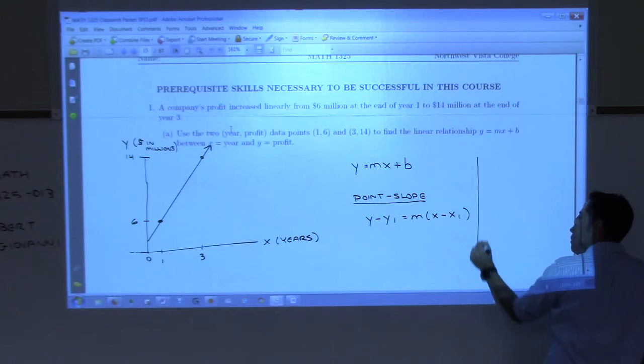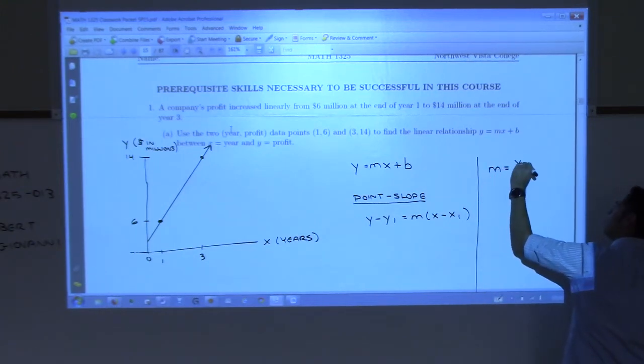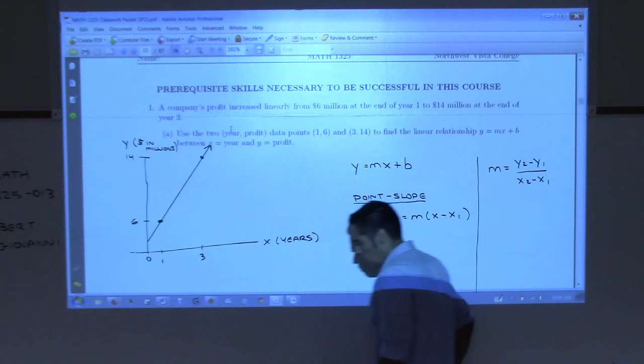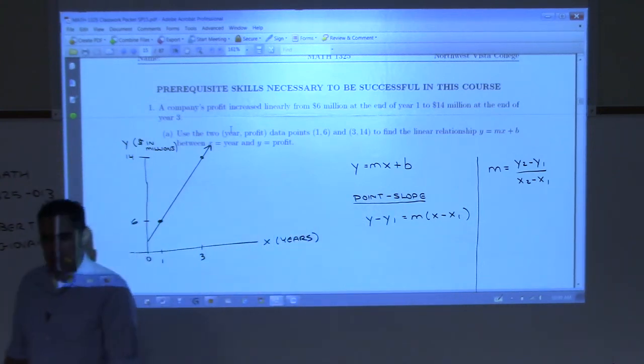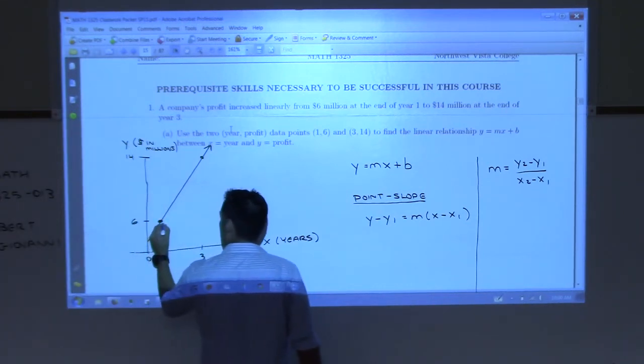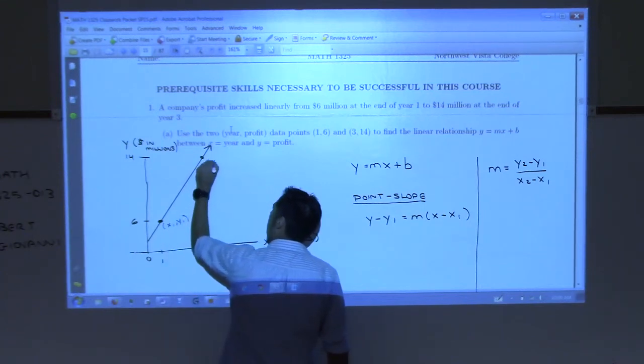That's a different formula. To find the slope of a line, we use the formula y2 minus y1 over x2 minus x1. That is rise over run. And so I think it would be worth it for us to label our points. How about we label this point right here x1, y1, and we'll label this one x2, y2.